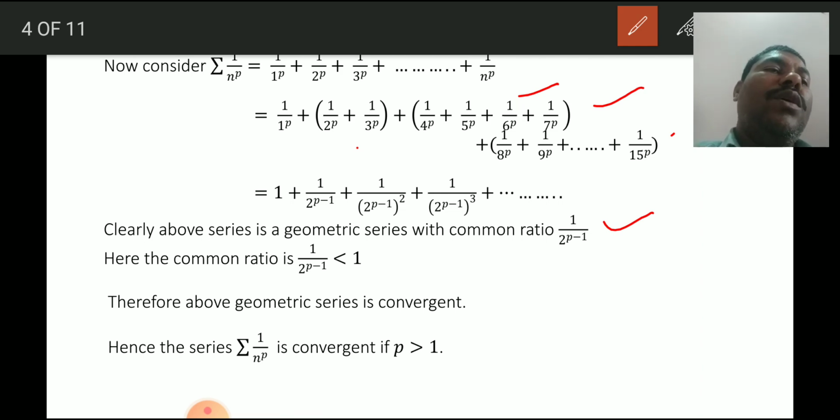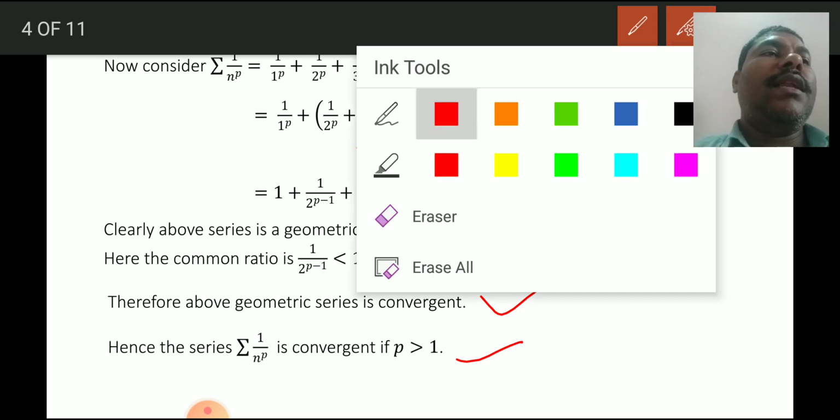So here, if p greater than 1, then the common ratio 1 by 2 raised to p minus 1 is less than 1. That means the above geometric series is convergent. Therefore the series summation 1 by n raised to p is convergent if p greater than 1.